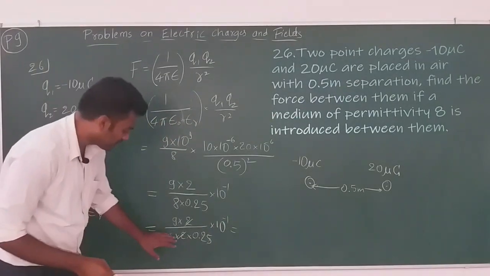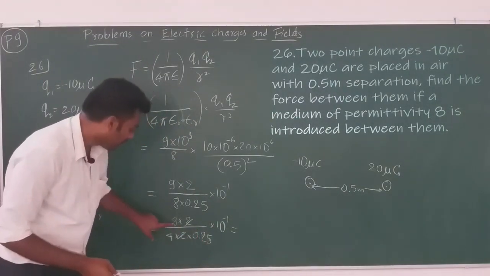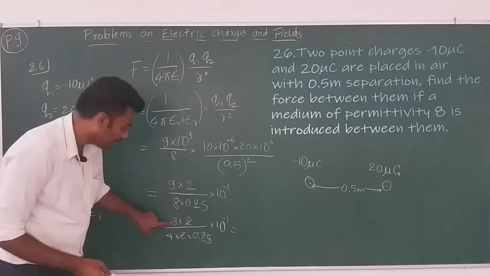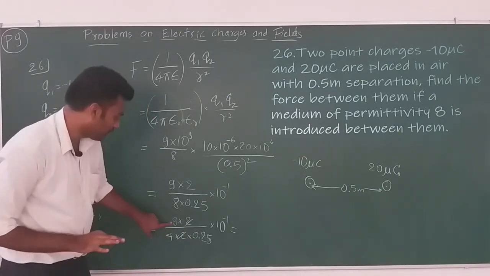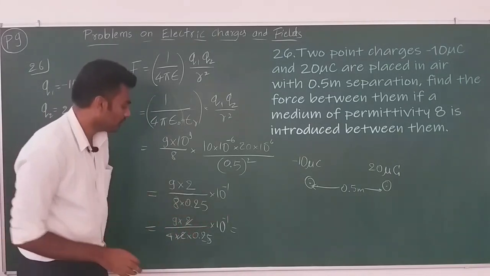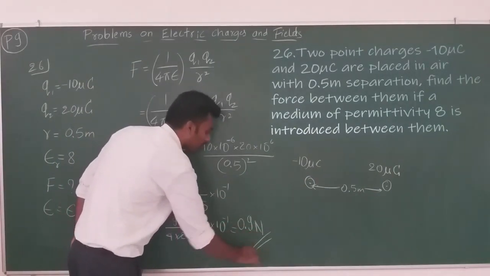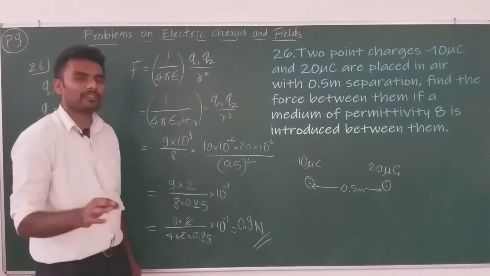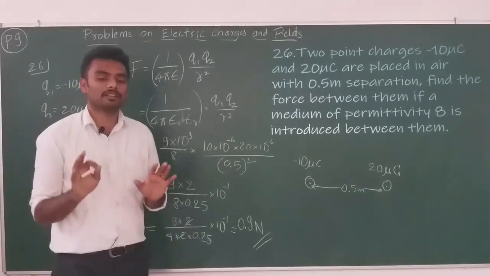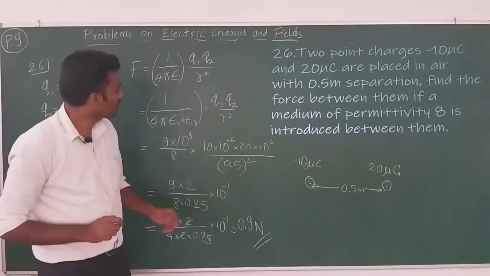So what is left? 9 itself is what is left now. So 9 into 10 to the power of minus 1, which is 0.9 Newton. Make use of the calculator, calculate it carefully. So this is the amount of force that acts between these two charges.